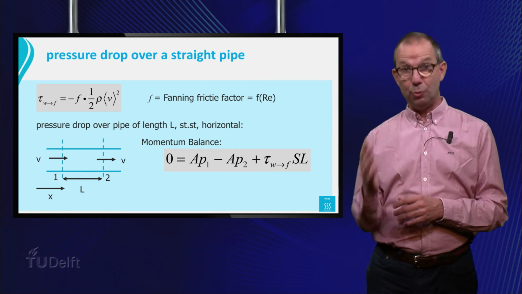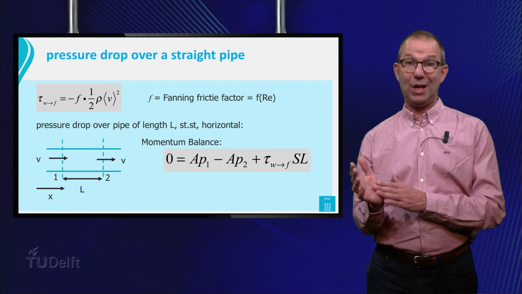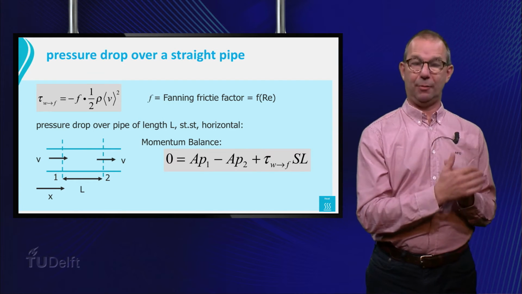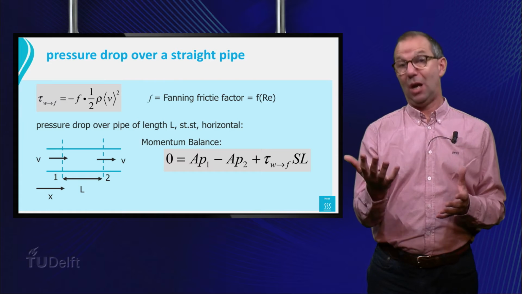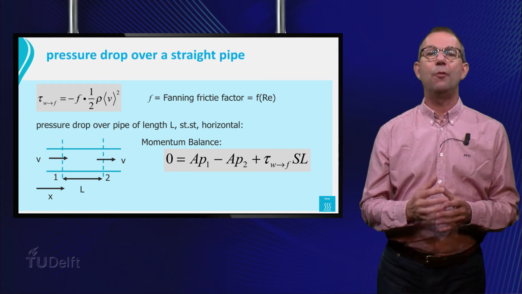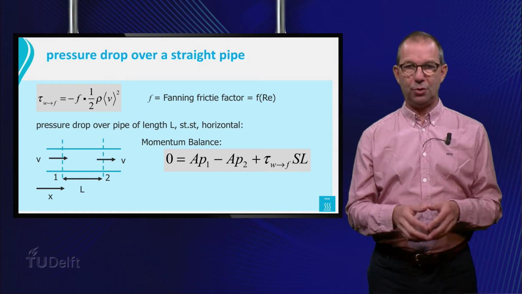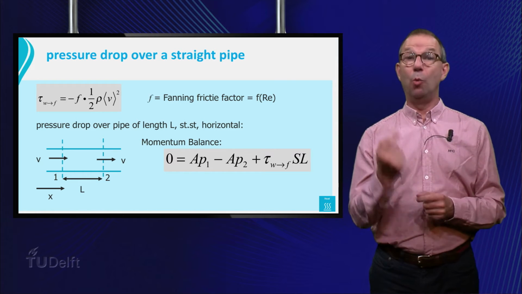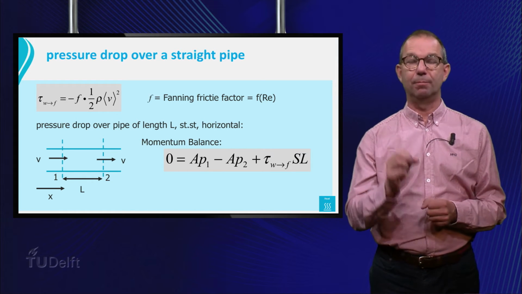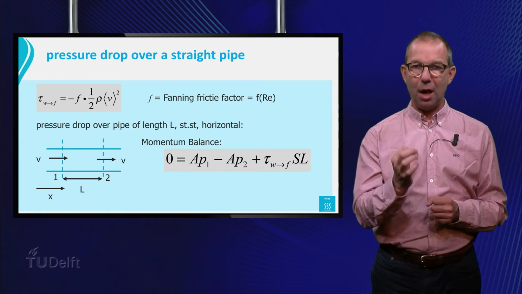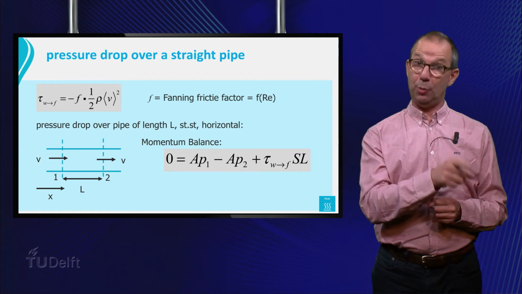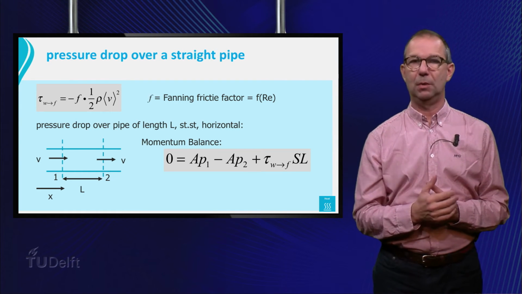Similarly, at the right side there is a pressure force acting in the negative x direction, P sub 2 times capital A. Finally, we have the friction force from the wall on the fluid, working in the negative x direction, τ times the area of the wall of the pipe between point 1 and 2.